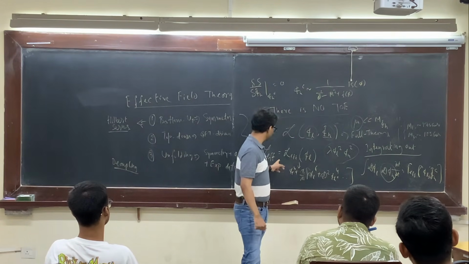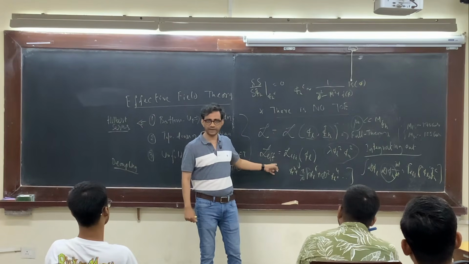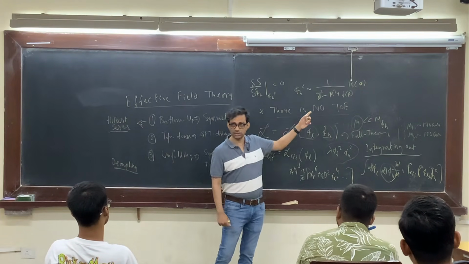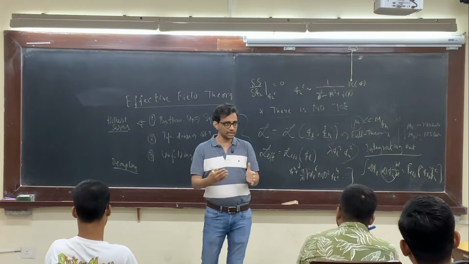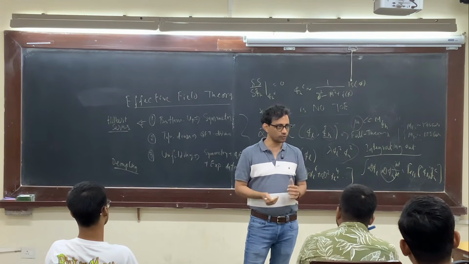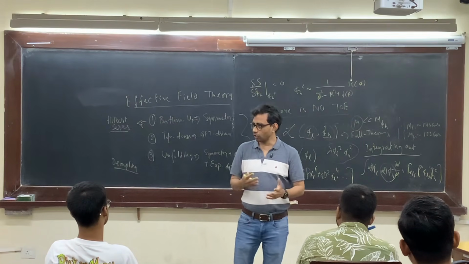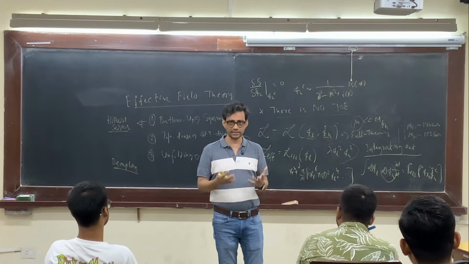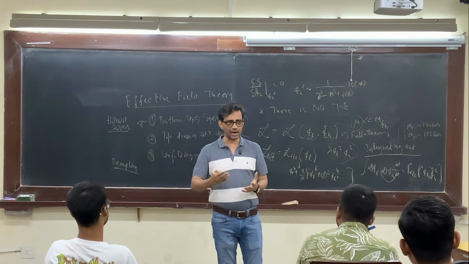But what I am writing here is a local effective operator. That means I have to reduce this non-local effective action into a local effective action. And I can do that. Why? Because I know that non-local effective actions or non-local structures are nothing but an infinite sum of local operators.